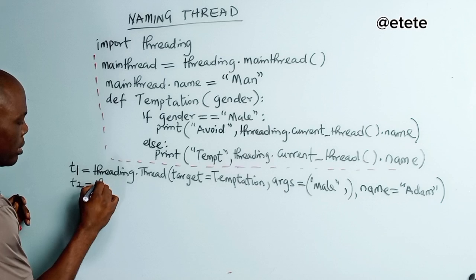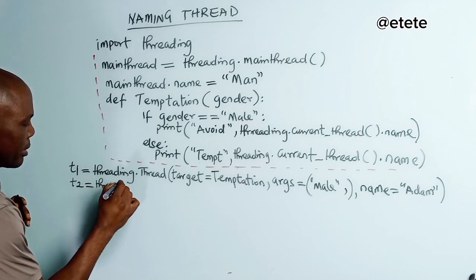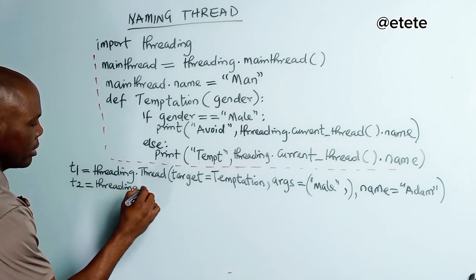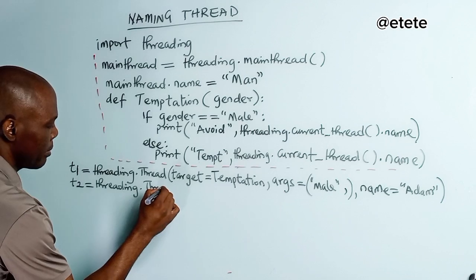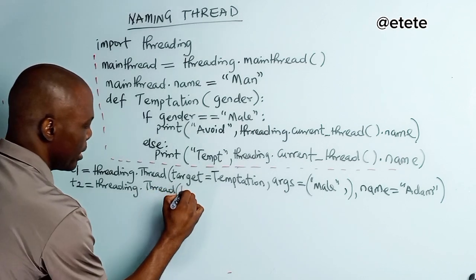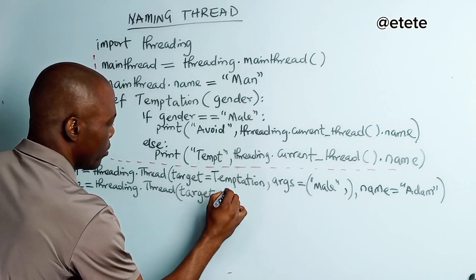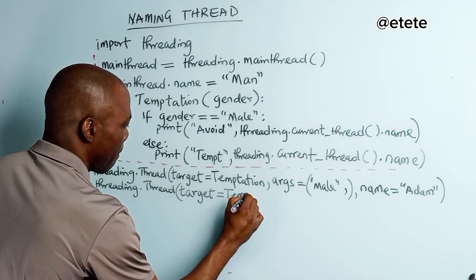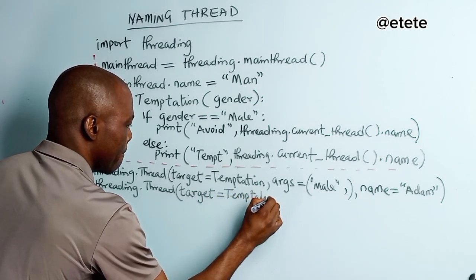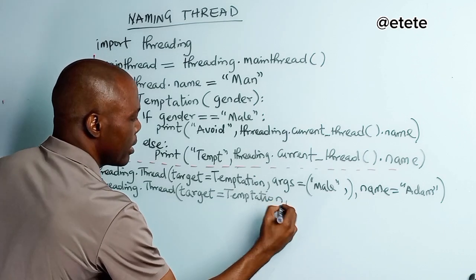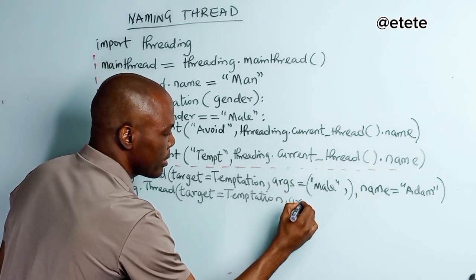Now I'll do the same thing here. T2, threading.Thread, then target equals temptation, right? Then args, which is what?